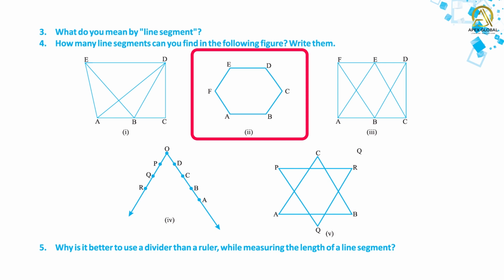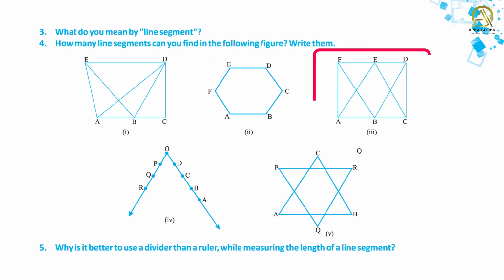Second, AB, BC, CD, DE, EF, FA. Third, AB, AE, AF, AC, BC, BF, BD, CE, CD, FE, FD, DE.